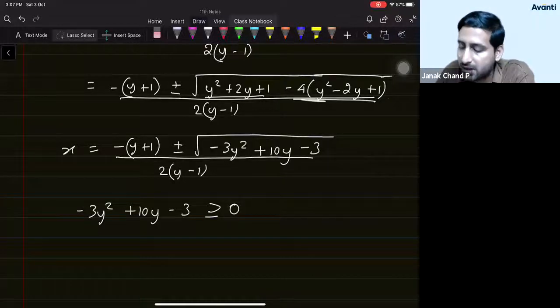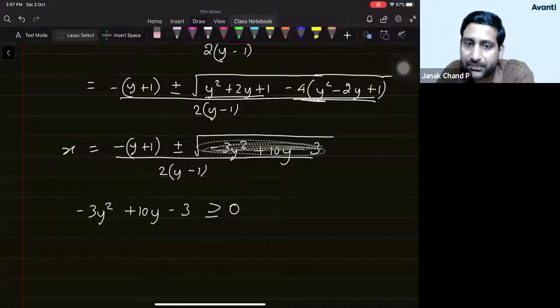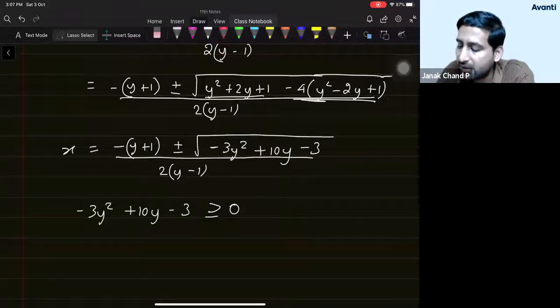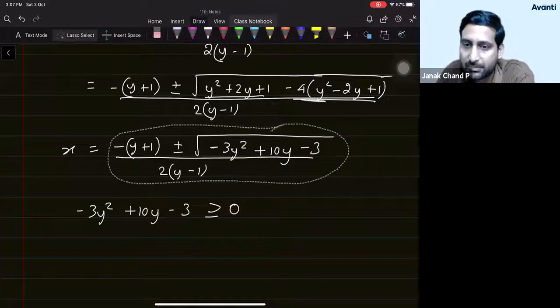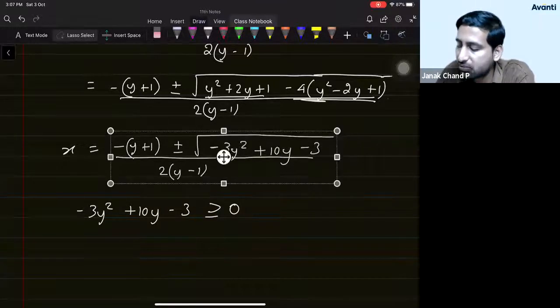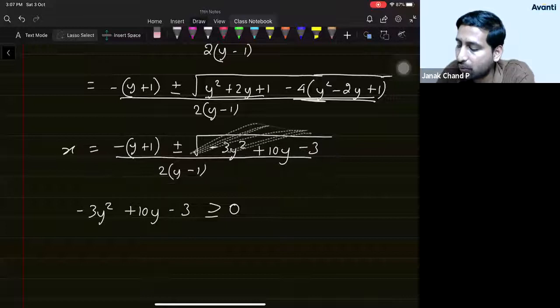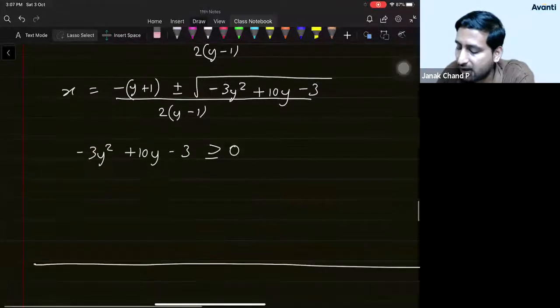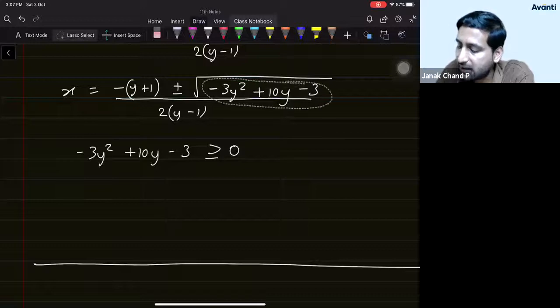So we are not worried if you are getting a number here which is not a perfect square, but we should make sure that we don't get a negative here. Other than that, you put any value of y here, it is not a problem. This whole thing will always be a real number, except those values which make this root negative. Fine. So I'm putting the condition on y saying that this particular thing should be positive or greater than or equal to 0.